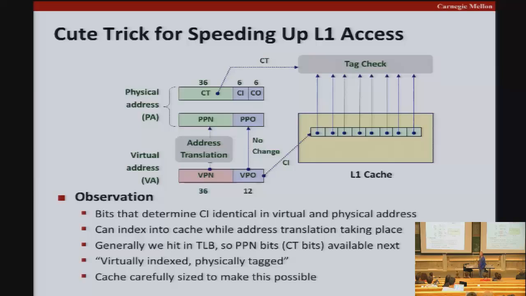Now I have a question for you. This idea basically only works if, when I have a cache hit, I also have a TLB hit. Because if I don't have a TLB hit, I've got to start making different memory references to get my page table entries. What is the likelihood that I have an L1 cache hit and I have a TLB miss?